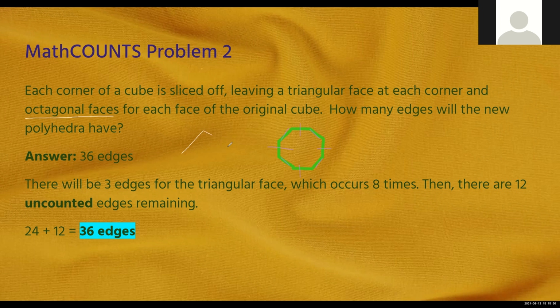If each of the faces was a diamond or a square or whatever, then you would be fine counting the edges of the triangle. But since we are given explicitly that it isn't, it would be incorrect to only count the sides of the triangles.